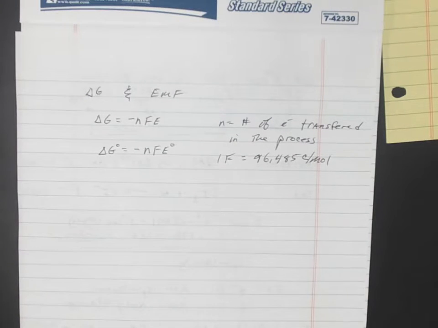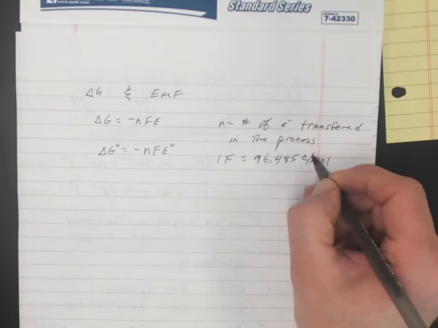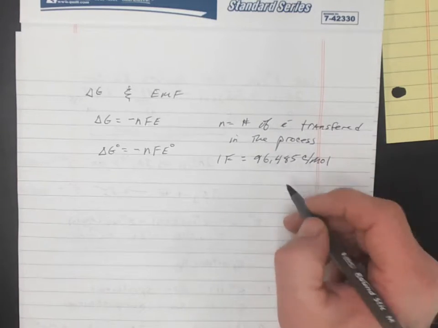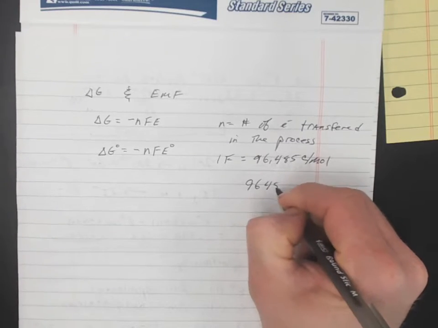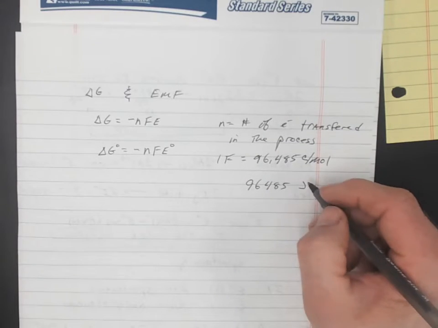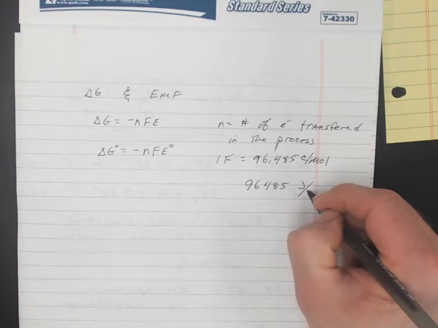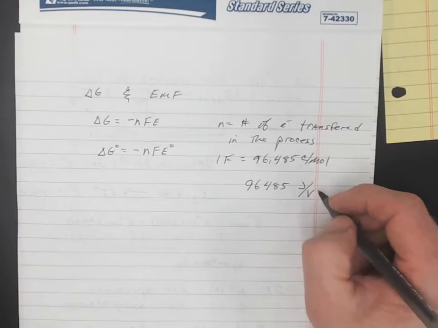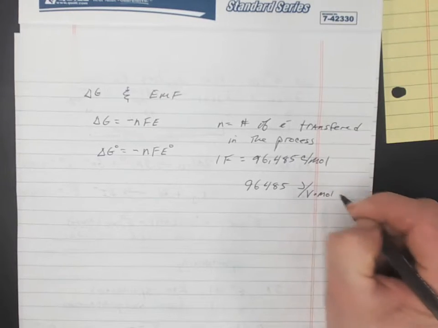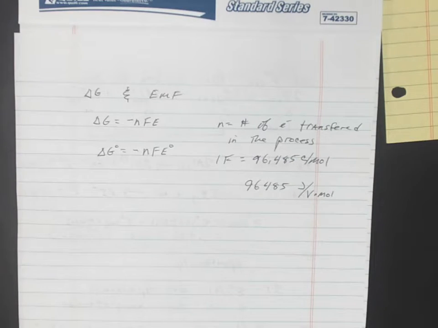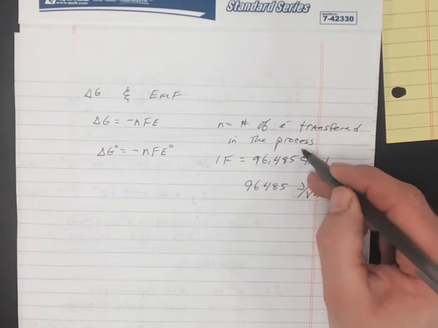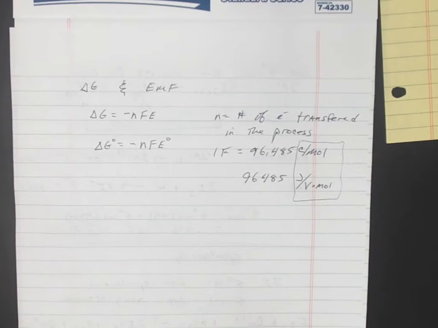And E, what's that? Good question. You can also express this as 96,485 joules per volt mole. That is an equivalent expression. Want to check it? Okay. So yeah, I'm glad you mentioned it though, because these are equivalent.